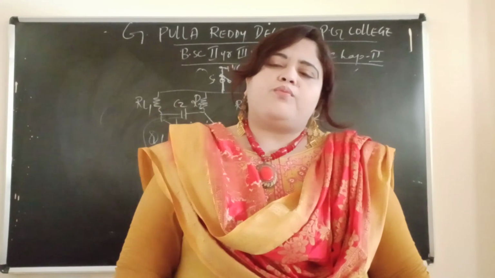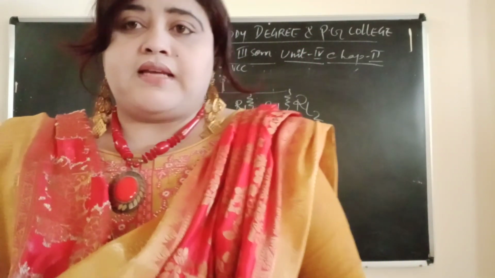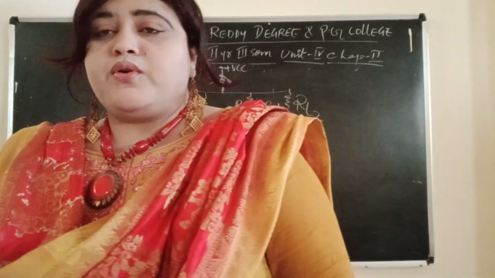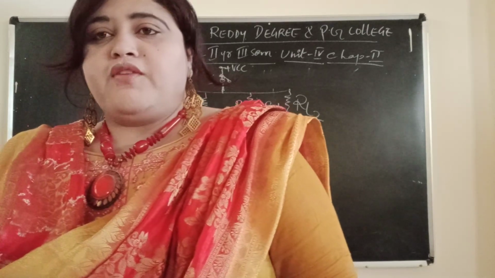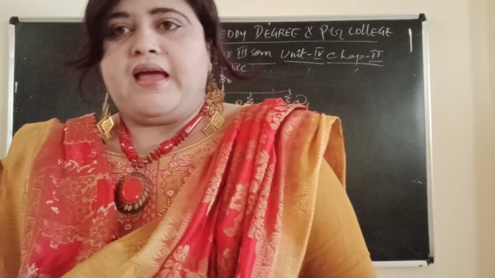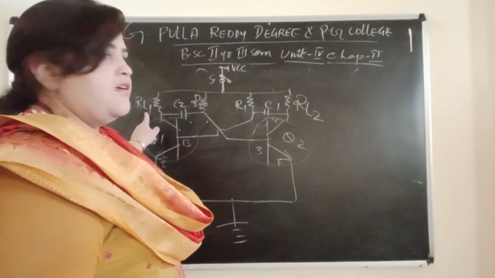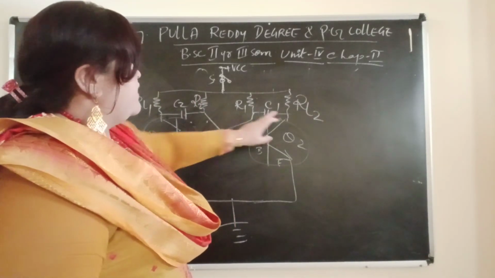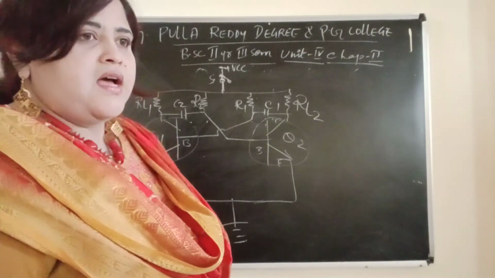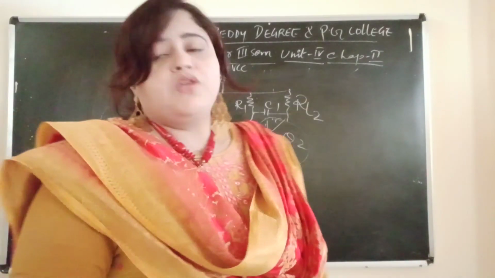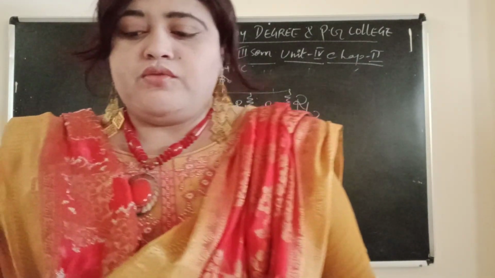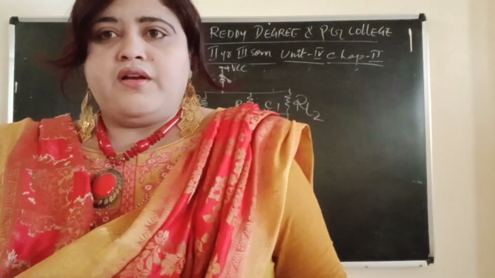Whereas output of the second is going as an input to the first with the help of C1 and R1. In the above figure, RL1 is the load resistance R1 and RL2 is the load resistance R2, because obviously you should know output is always calculated across the load resistance.